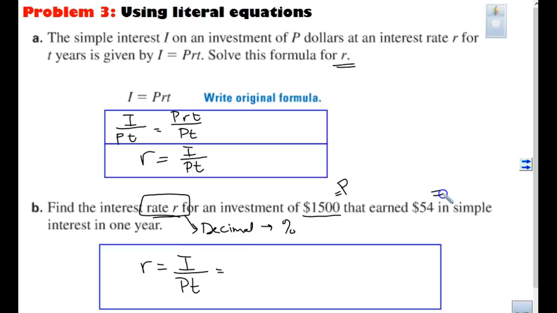That's this 54. So 54 divided by my principal, the 1,500, times the time, which is 1 year. So that's 1,500 times 1. On your calculator, you should be taking 54 and dividing it by 1,500.